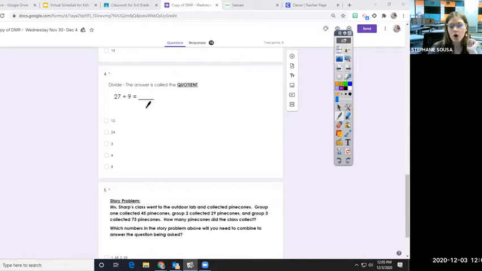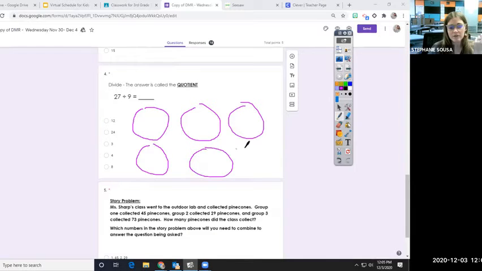Remember, you can always, always, always still draw a picture. So 27 divided by 9, for me, I like to use equal groups. So I'm going to draw 9 different groups. There's 6, 7, 8, and 9.